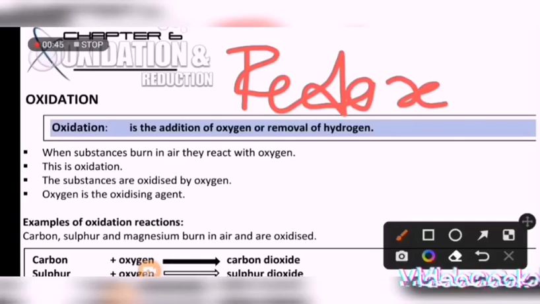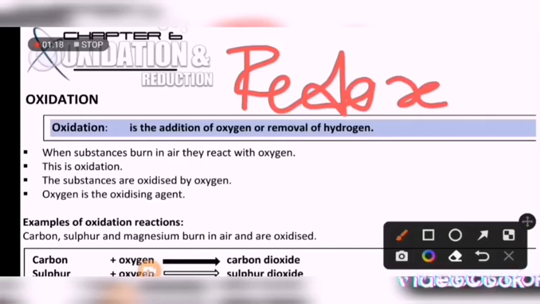It is a reaction where there is oxidation and also reduction, but these two reactions are taking place at the same time. That is a redox reaction.